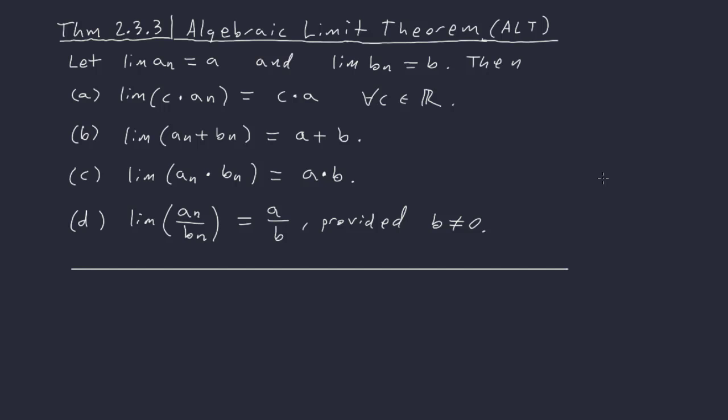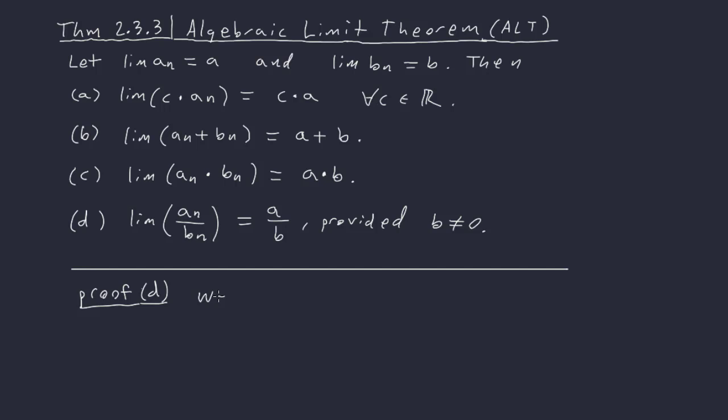All right, so let's try and prove the last part of this, the division part. And actually, we can just use part C provided. So for the proof of D, it's actually a little easier than it looks, because we don't actually have to reinvent the wheel here.